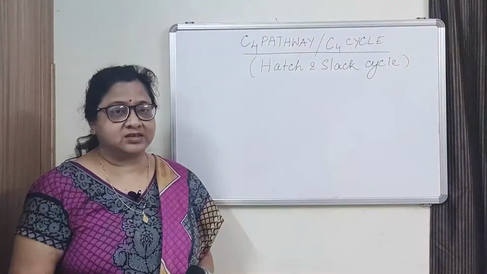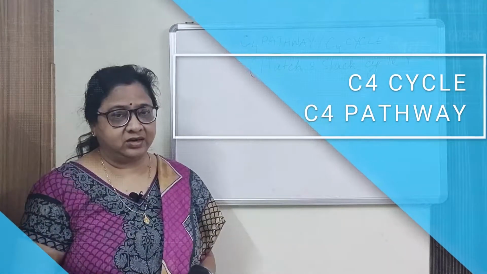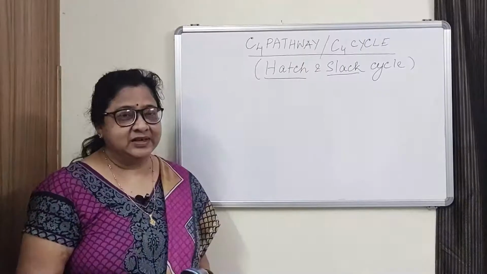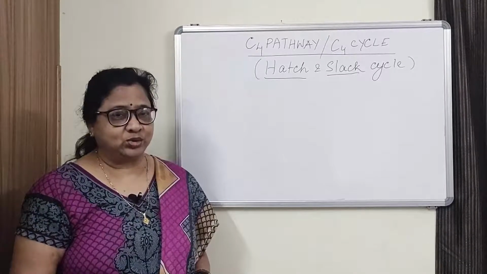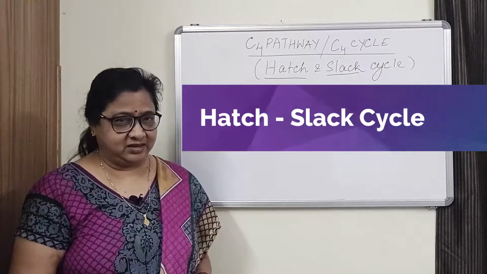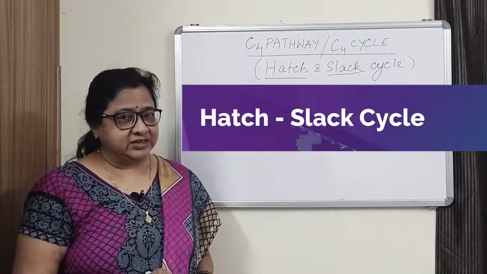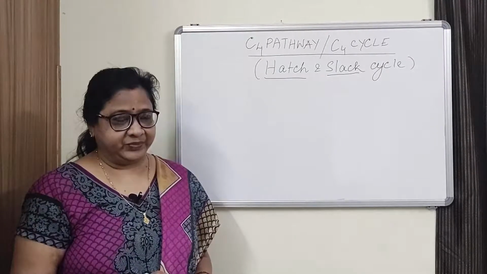Today we will discuss the C4 cycle or C4 pathway. The C4 cycle is also known as the Hatch and Slack cycle, after the names of two scientists, Hatch and Slack.